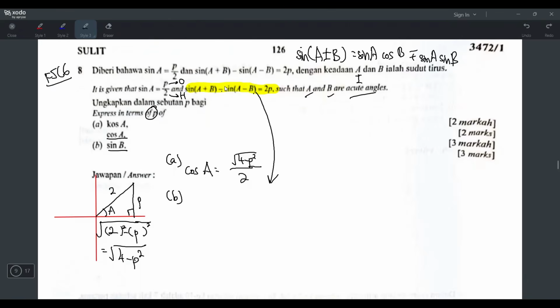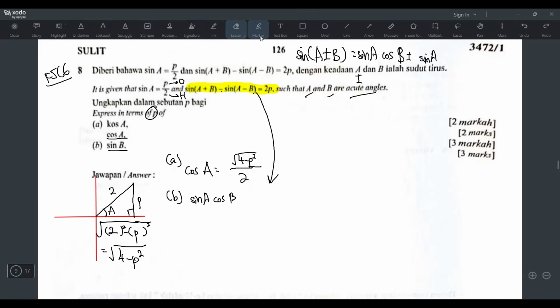Sine A plus B. So sine A plus B will be what? Sine A cos B, and then plus minus. This one is wrong already. Why did I write minus plus? Wrong. If it's cos A plus minus B, then it will become cos A cos B minus plus sine A sine B. This one I also wrote wrongly already.